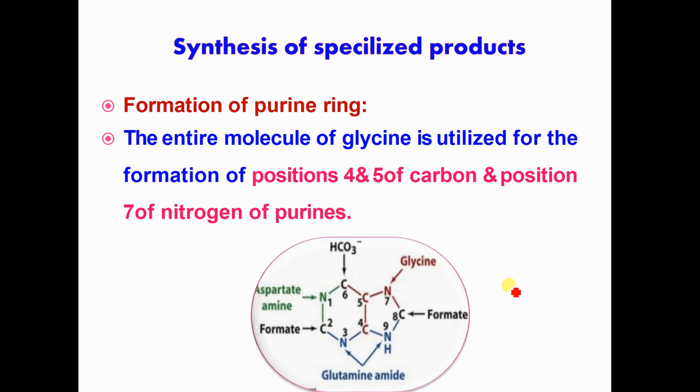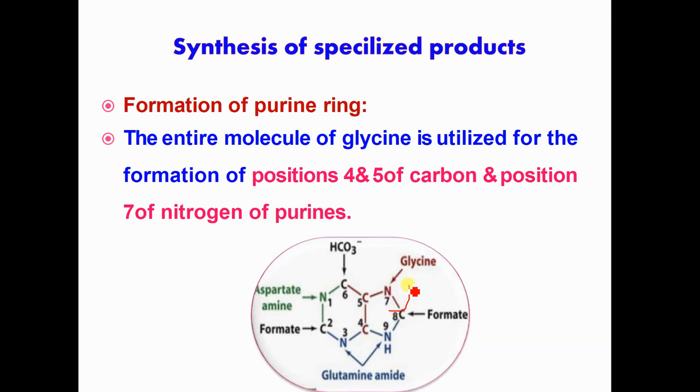Synthesis of specialized elements from glycine. Among them, the most important one will be the carbon skeleton of purine. The entire molecule of glycine will be utilized for the formation of C4, C5 and N7 of the purine ring.